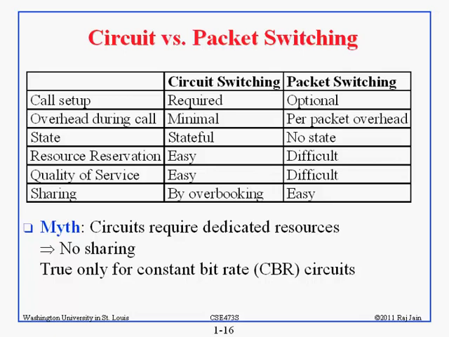The question is, do FDM and TDM apply to circuit switching and to packet switching? Packet switching by design is actually time division multiplexing, and obviously FDM and TDM apply to circuit switching for sure.